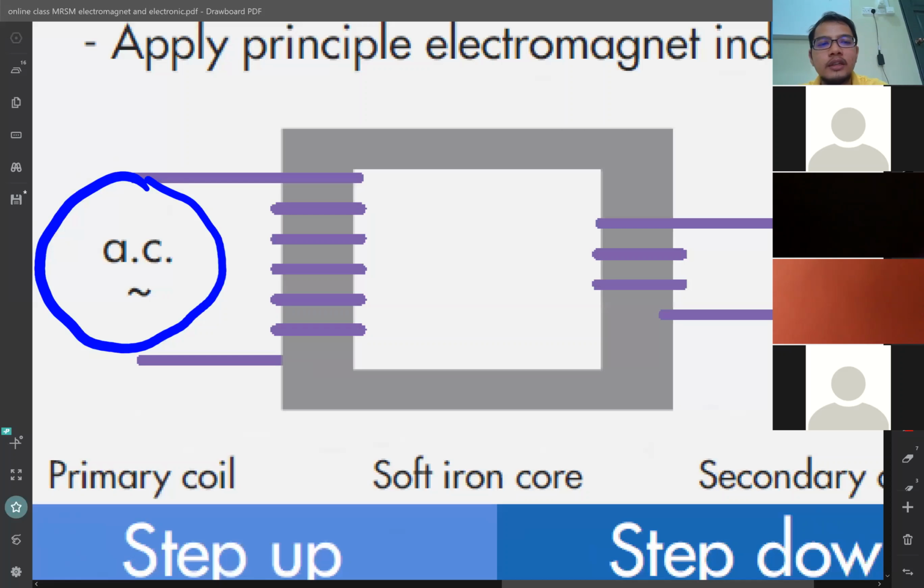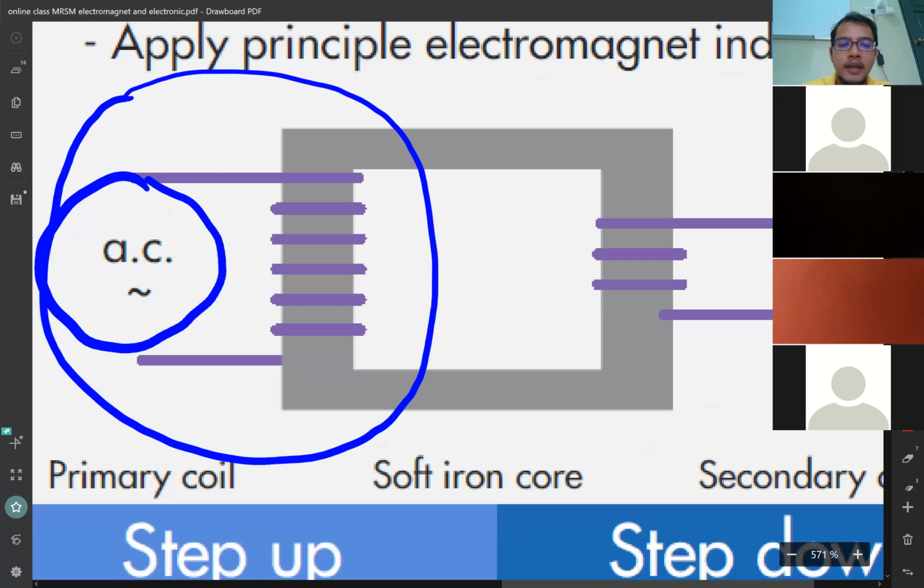So this side is an electromagnet. For example, when current moves up, if you use your right hand grip from the front to the back, you see your thumb up. So when current moves up, this is north and this is south.